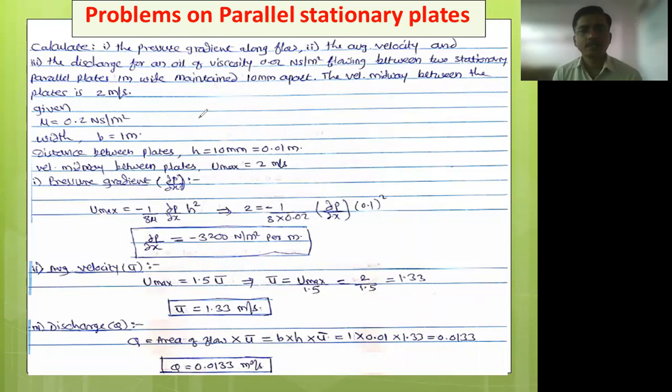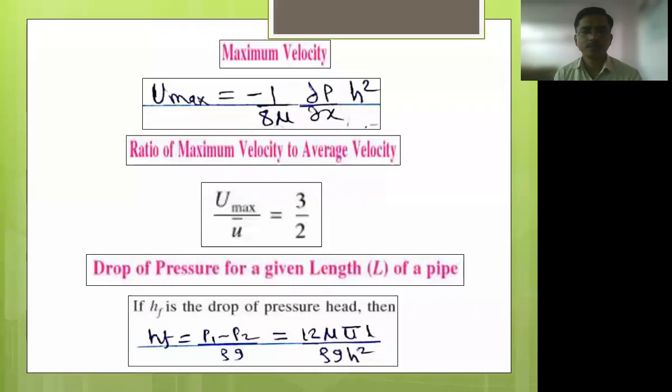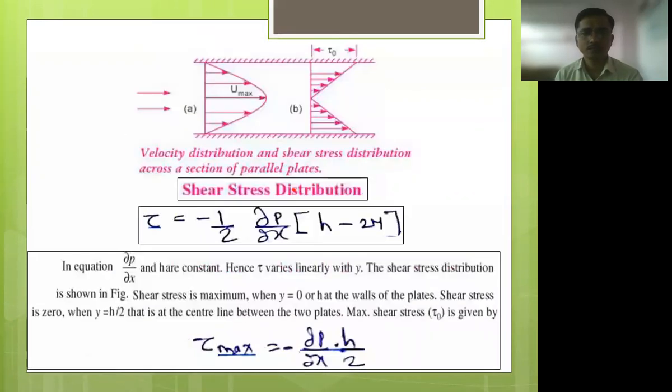Now first we have to find out what the pressure gradient is. Whatever formulas we have written earlier, we have to check in which formulas del P upon del X is there. So this is the first formula where pressure gradient, del P upon del X, is there. Check any other formulas. The U max and tau formula is there.